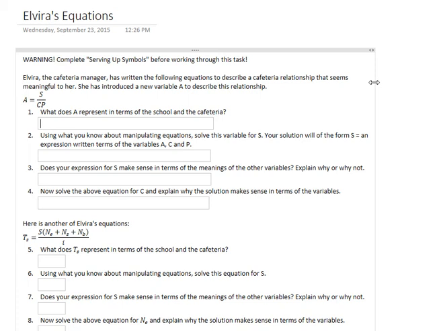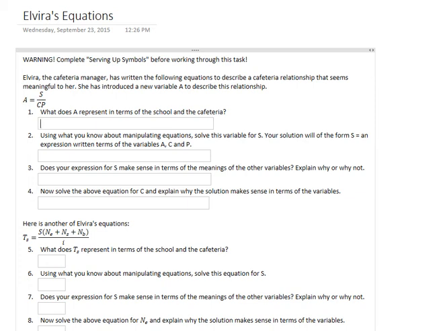Now remember that S, C, and P are straight off of our table from serving up symbols. And also remember that since we are doing multiplication and division, we want to use the rate unit, the one with the fraction. It just makes it so that we can see what's really going on.